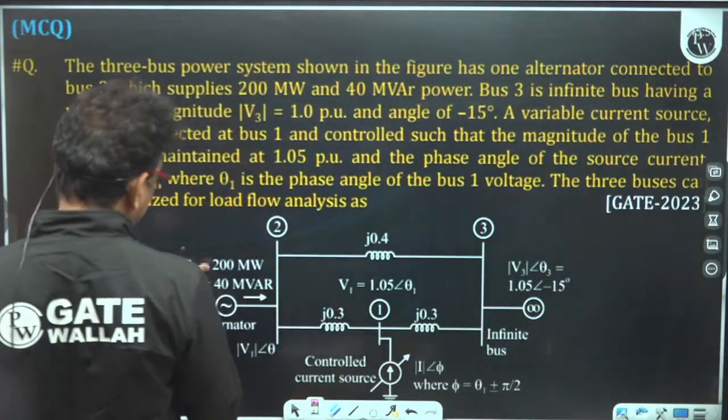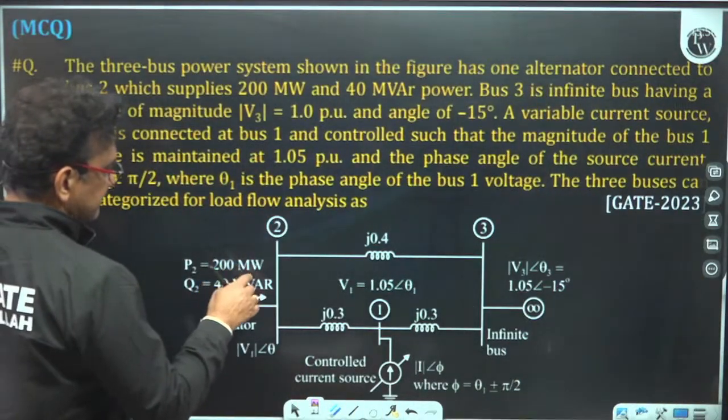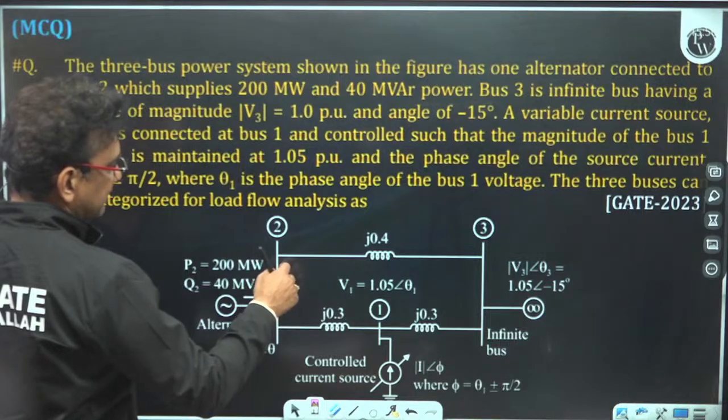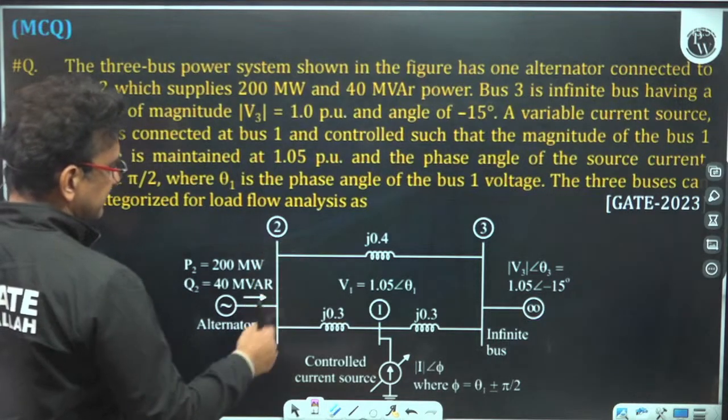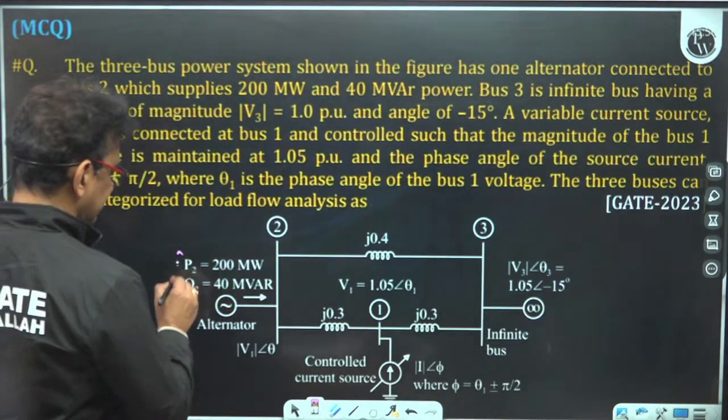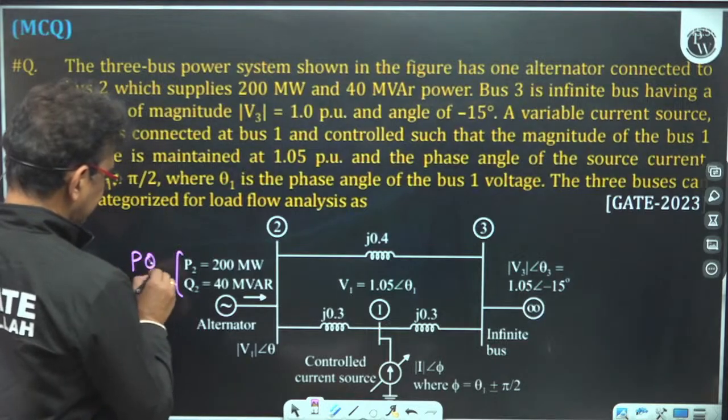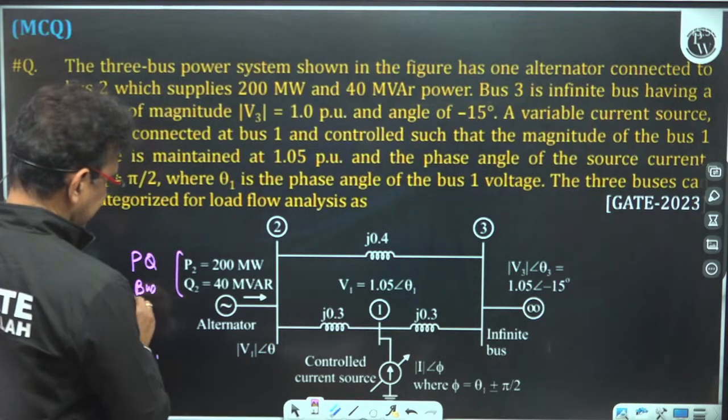The generated power is given, and the demand power, because no load is directly connected with this bus. So Pi and Qi are known here, so this is my PQ bus. PQ is specified here.